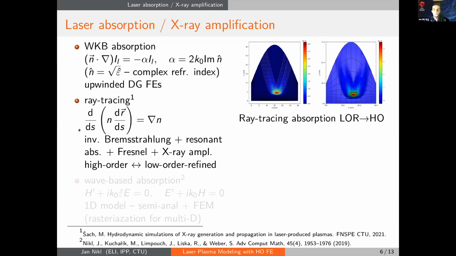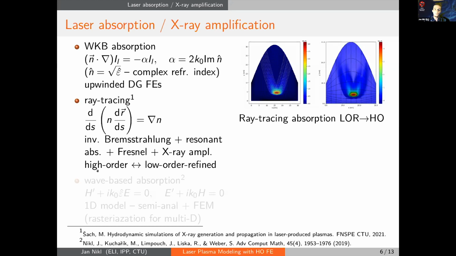which also solves this ray equation for the direction of the rays. And it's not only about that, but there is additional physics that can be included then, like resonant absorption, Fresnel equations, and actually X-ray laser amplification.